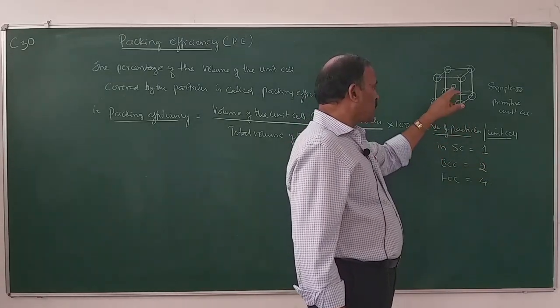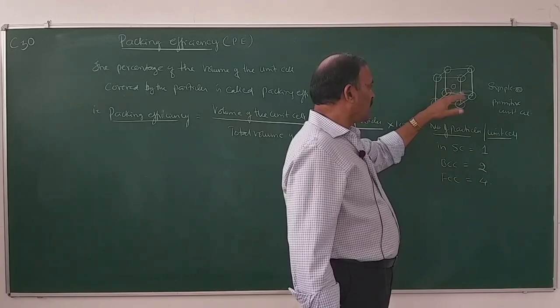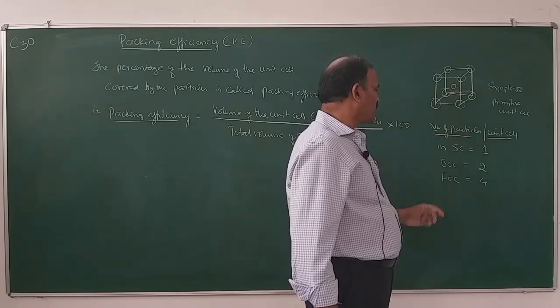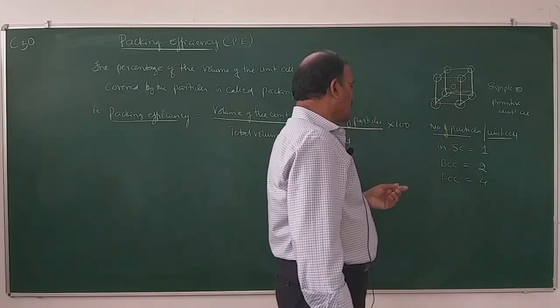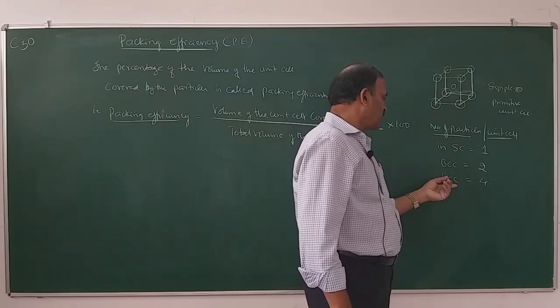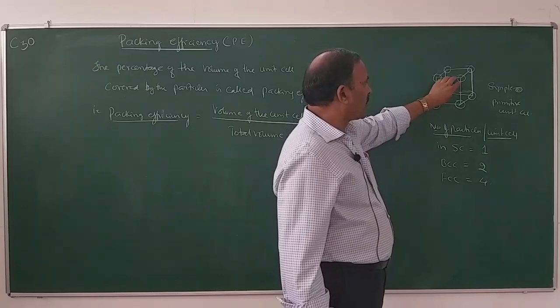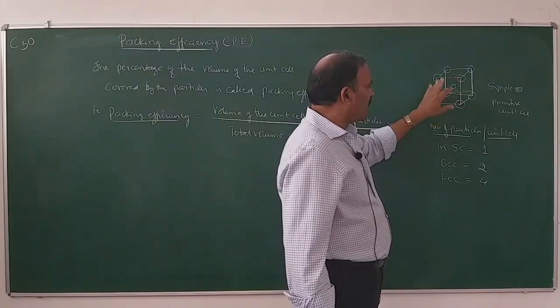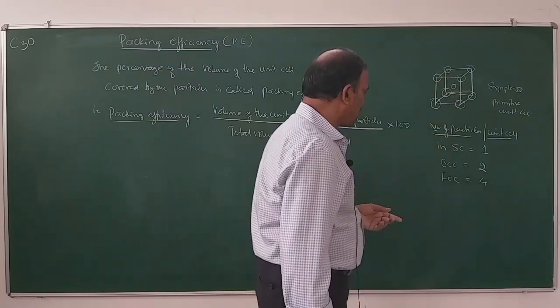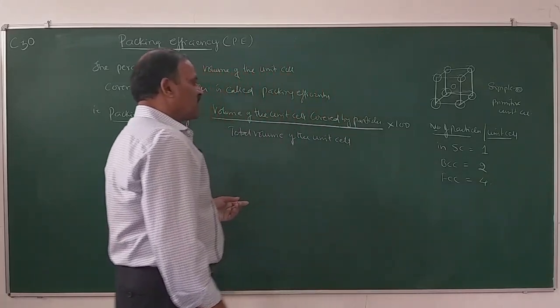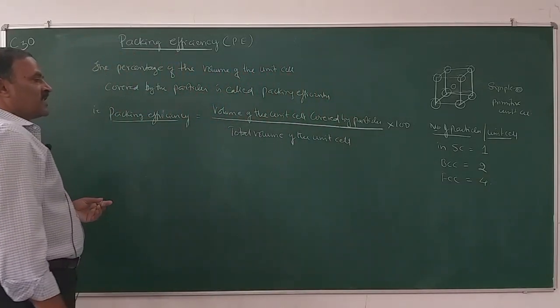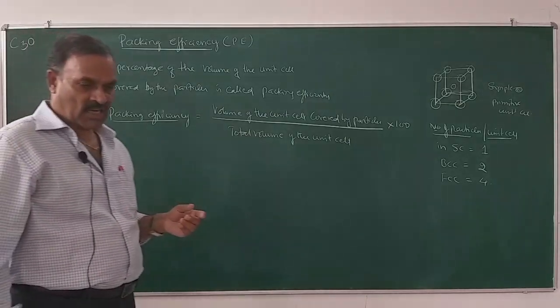The space occupied by two particles divided by the total space of the unit cell gives packing efficiency in BCC. Similarly in FCC, the space occupied by 4 particles divided by the total space of the unit cell gives packing efficiency in FCC or CCP.